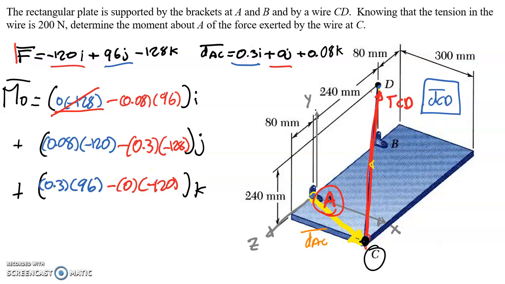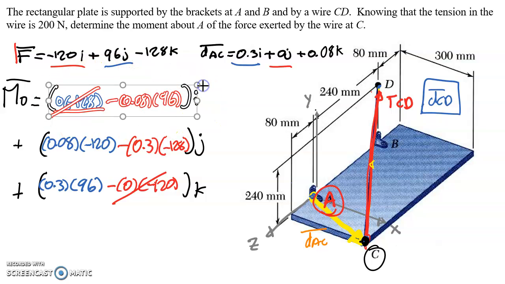We got another component multiplying 0, so it goes away. Now in this, we can just go and calculate what are going to be the results.